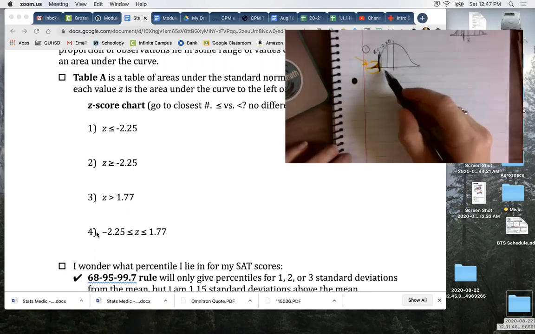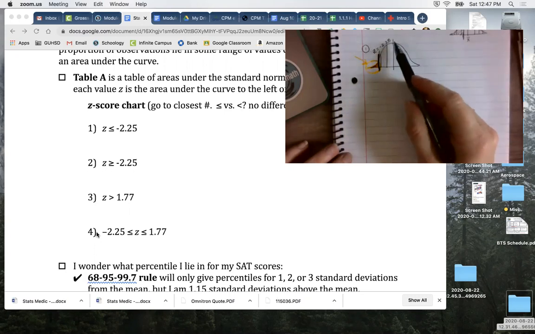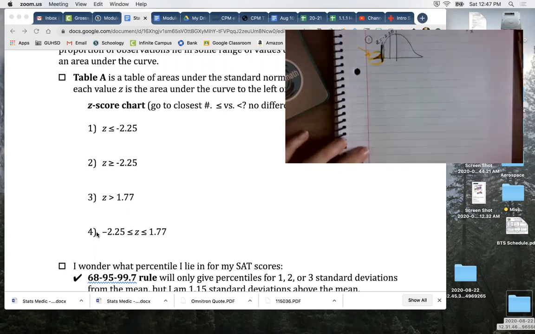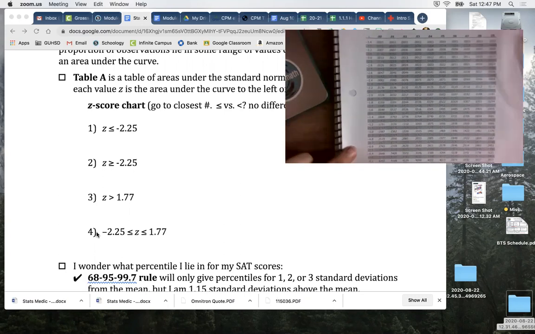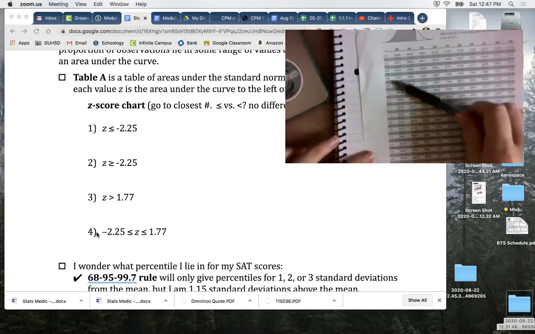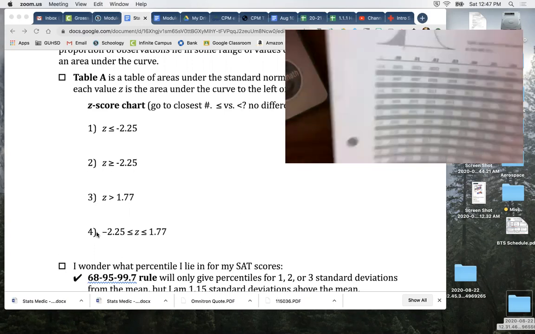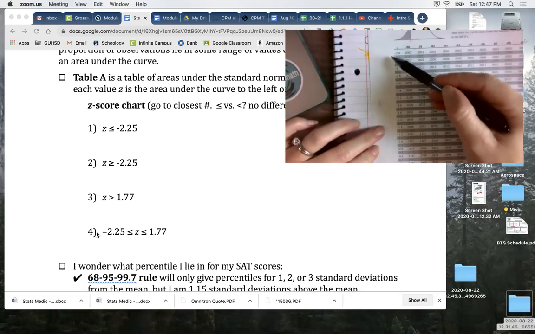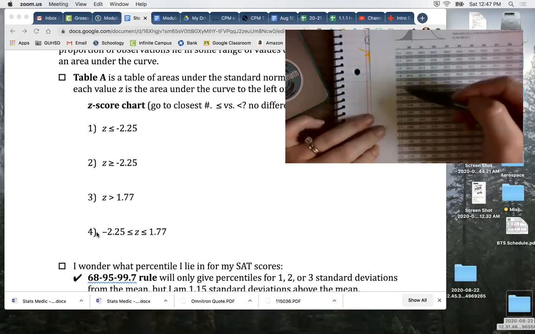From here, once I have my z-score on here and I have my shading done, I'm going to go to this table right here. This table has a negative side and a positive z side. You'll notice it says z right here. These right here are my z-scores.